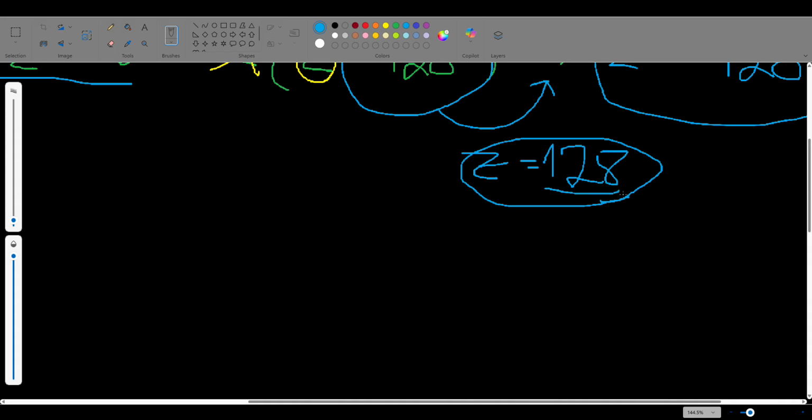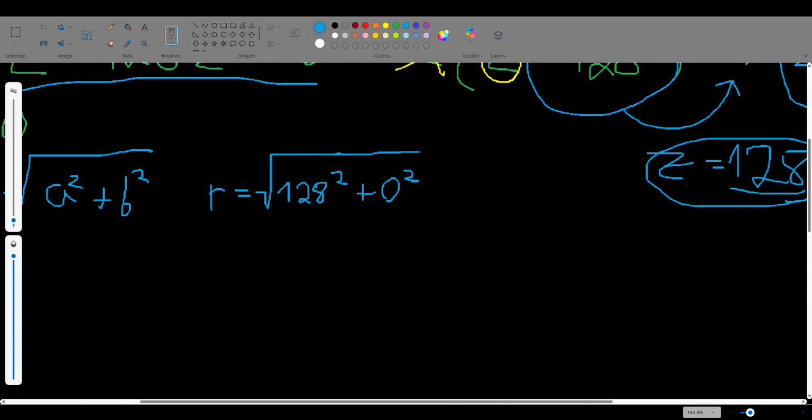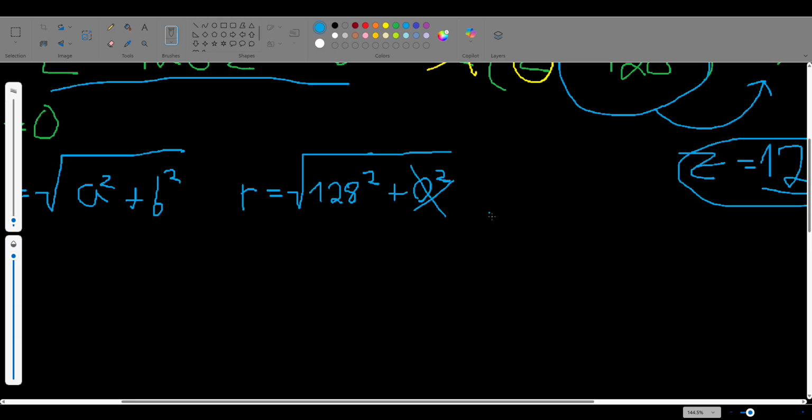We only have a real part, which is 128. So our modulus becomes r is equal to the square root of 128 squared plus 0 squared. Now, obviously, the square root of 128 squared is going to be 128. So our r is equal to 128.